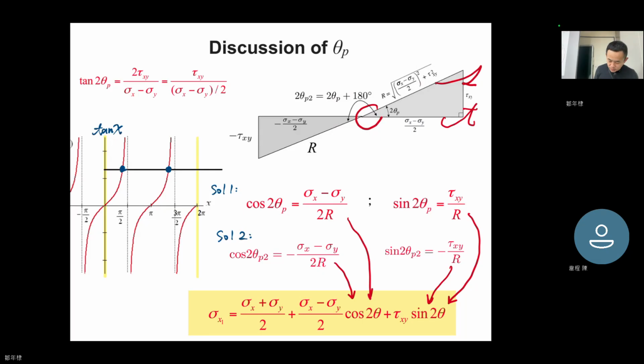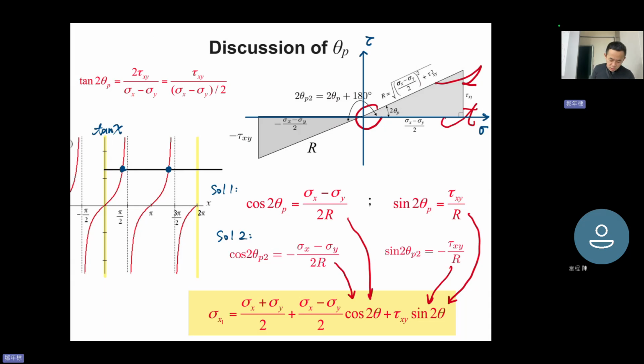So if you can accept this, I want to emphasize that it looks like a coordinate, just like a coordinate. So it can be the tau, and this could be the sigma. All right, and you can see that this x value is always related to sigma x and sigma y, and the y value to tau xy.